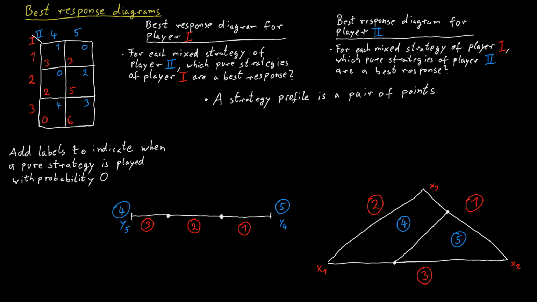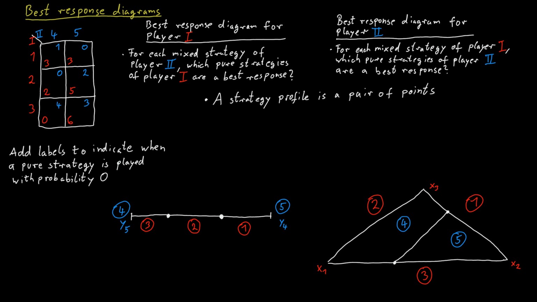Okay, what does this mean? Well, we remember that something is in Nash equilibrium if each pure strategy of a player is either played with probability 0 or is a best response to what the other player is doing.